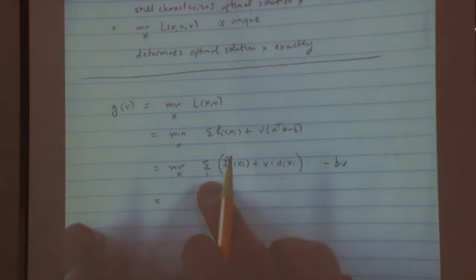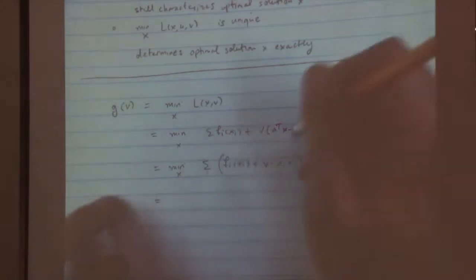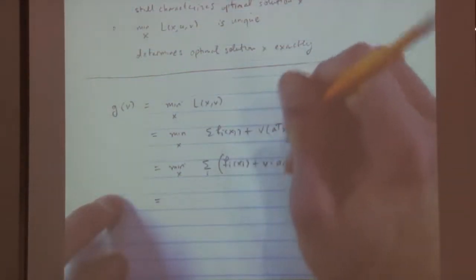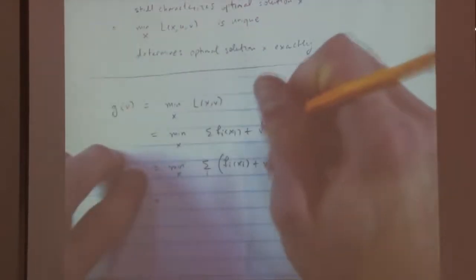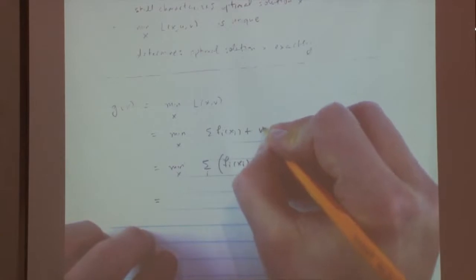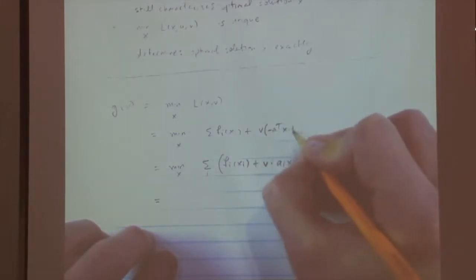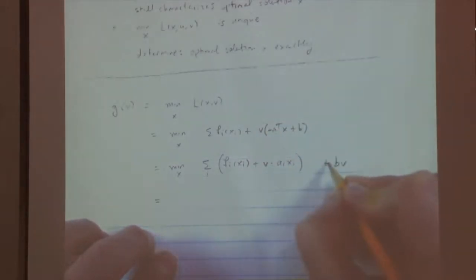I suppose actually up here, just for convenience, in the slide I have it written as b minus A transpose x. It doesn't matter. The dual would have been equivalent either way, but it's just more convenient.